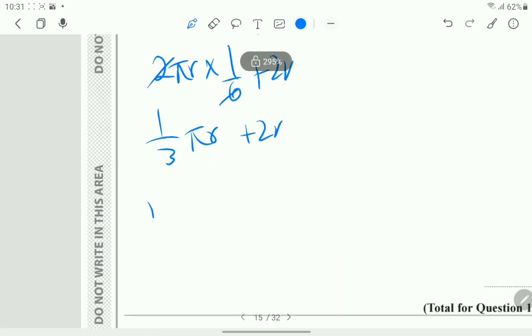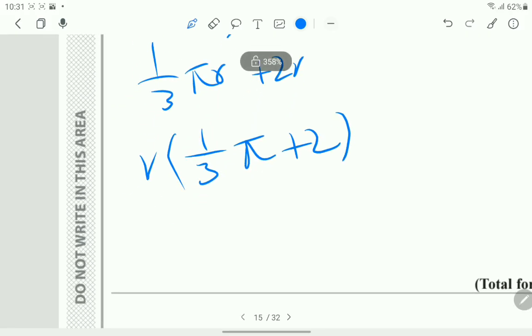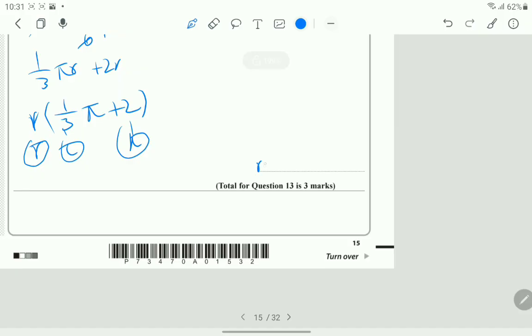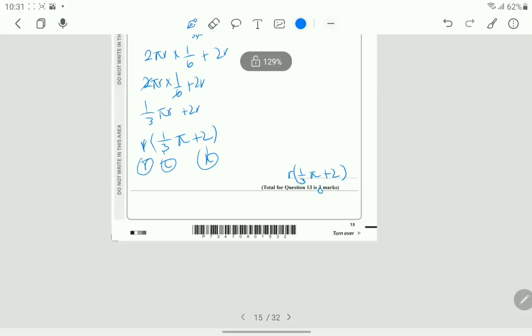If we take r common, we get r times (1 by 3 pi plus 2). If we go to our original requirement, this is r, this is c, and this is k. So it checks out. Our final answer is r (1/3 pi plus 2), and full marks.